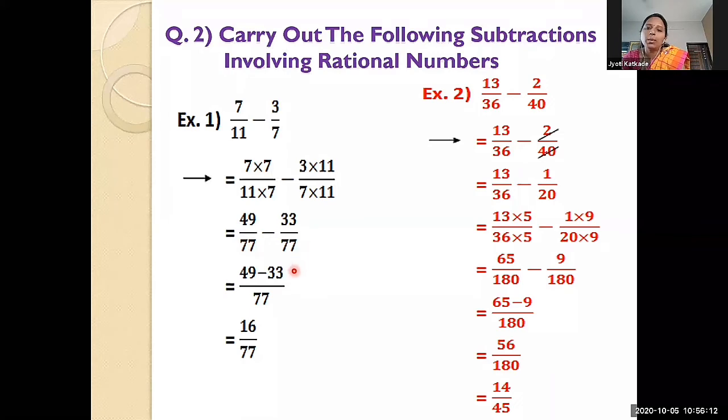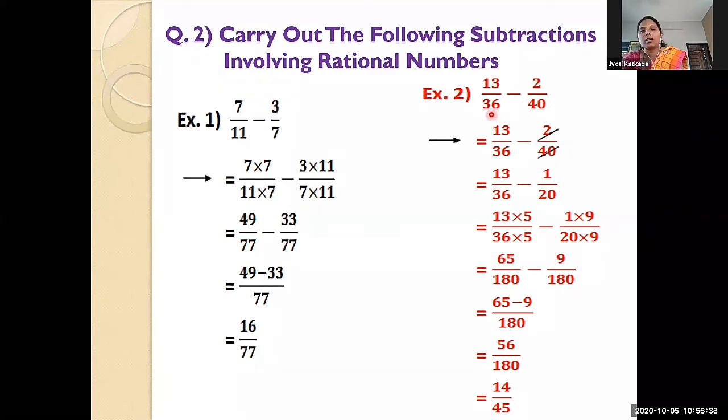Now our denominator is the same, so subtract the numerator values. 49 minus 33 divided by 77. When we subtract 33 from 49, we get 16 divided by 77. Do you understand it?